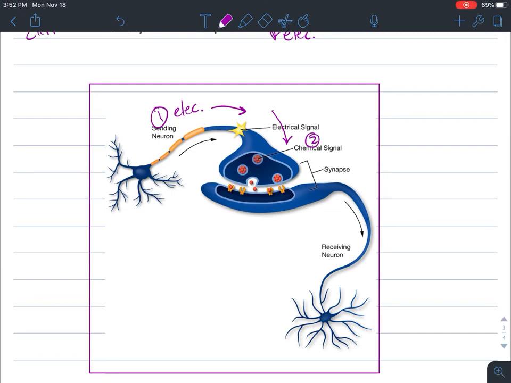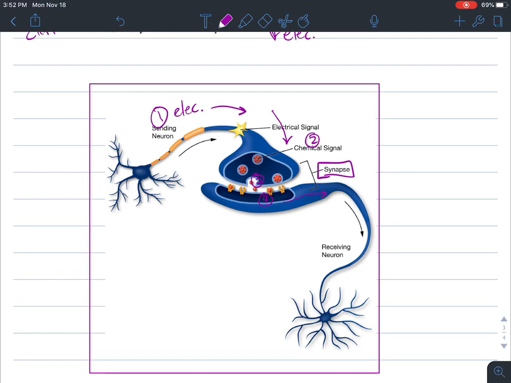Those neurotransmitters go across the cleft. There's our synapse, which is the gap between, and then it is a chemical signal that gets received by the next one, and then it travels on down.